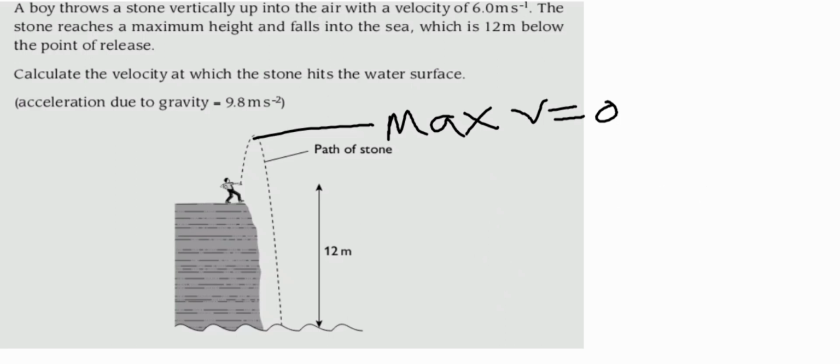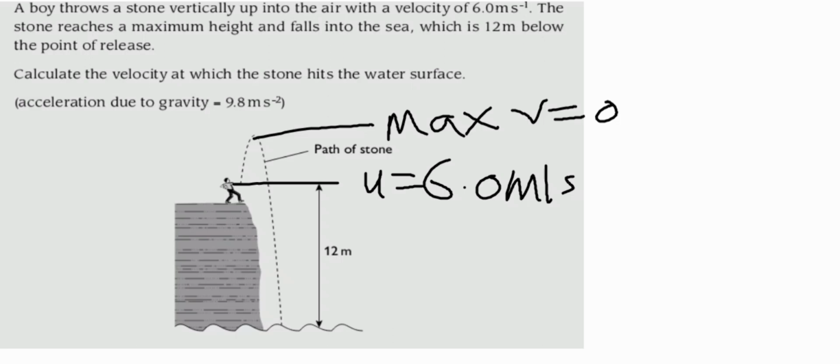Now, we need just to consider the velocity at this point of release. At this point of release, the initial velocity is just going to be 6.0 meters per second. Then the height here is 12 meters, and they are asking us to calculate the final velocity.